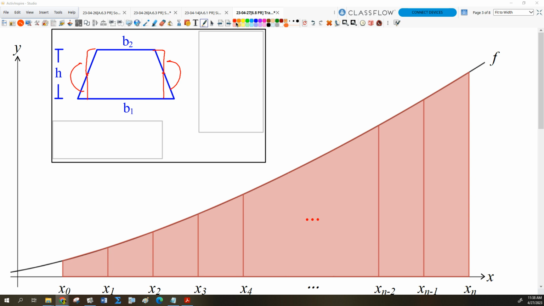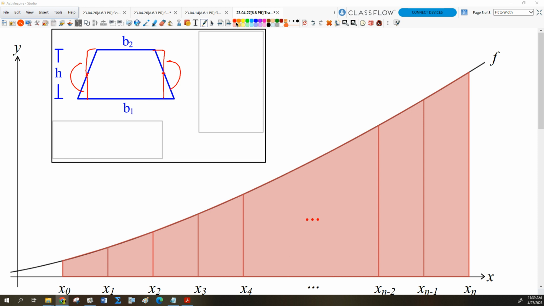We built a rectangle where the width of the rectangle is h, and the height would be the average of the two bases, wouldn't it? Right? Because in order to make this work, didn't I cut these two sides right at their midpoints? So those distances are always going to be equal, right? So the larger base is going to shrink by the same amount that the upper base grows. And so we meet at an average, don't we? You can just kind of see that geometrically. That's the way it has to work.